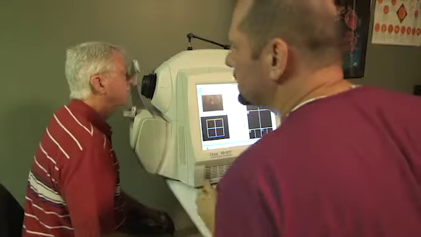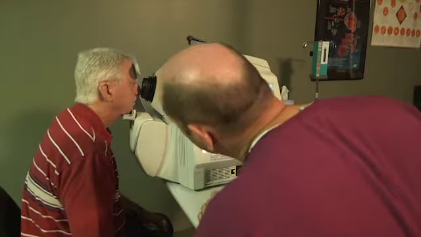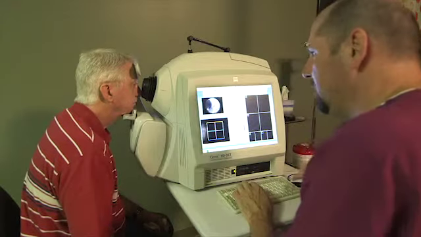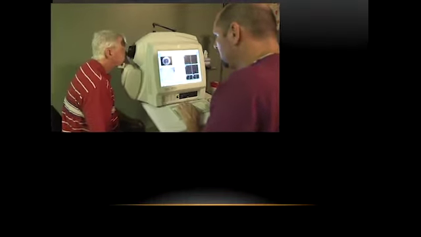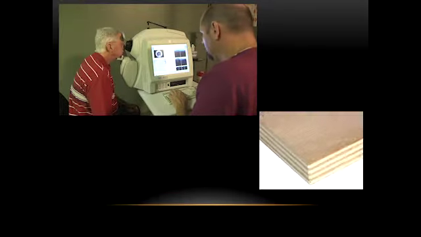So here's an OCT scan being performed. The OCT gives a cross-sectional look at the retina. And a good analogy is examining a piece of plywood on edge. This test requires no contrast injection. It's very quick, and it can often be performed without dilating the pupil.